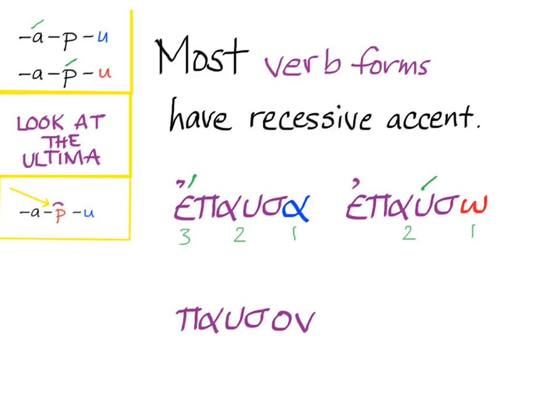Because it's 2 syllables only, and because it has recessive accent, the word needs an accent on the second to last syllable. The question is, which one? The last syllable is short, and the second to last is long. It has the diphthong ow. So when we count back 1, 2, you know that you've got to follow the elaborate rule for circumflexes and put a circumflex over the second to last.